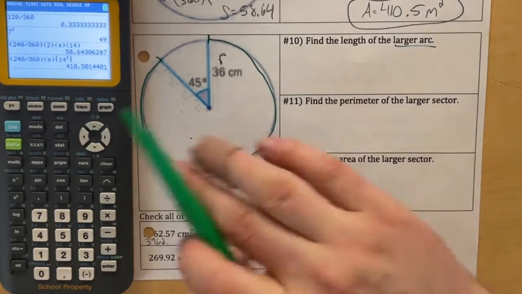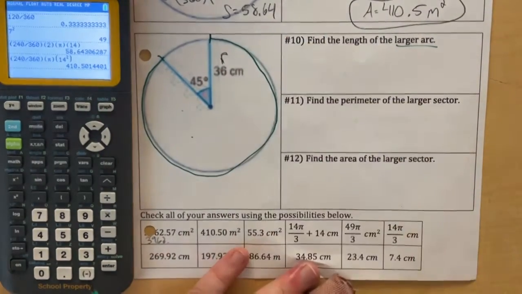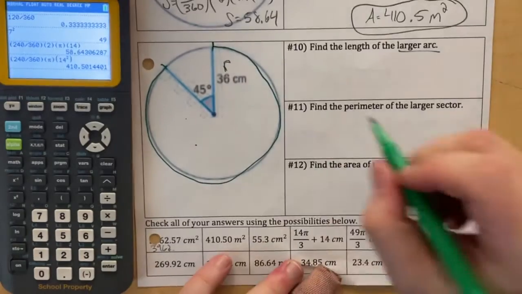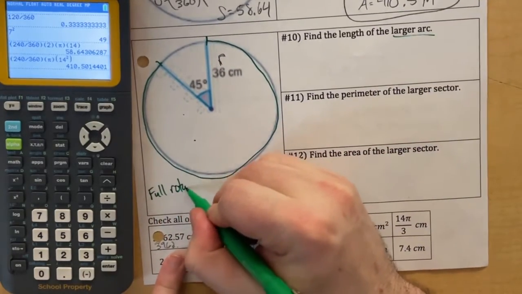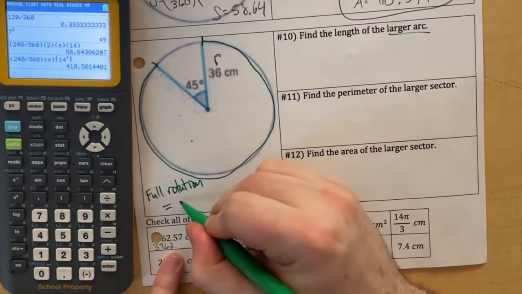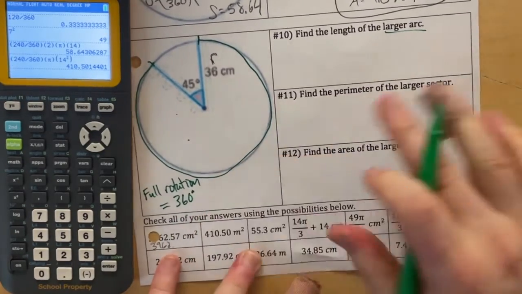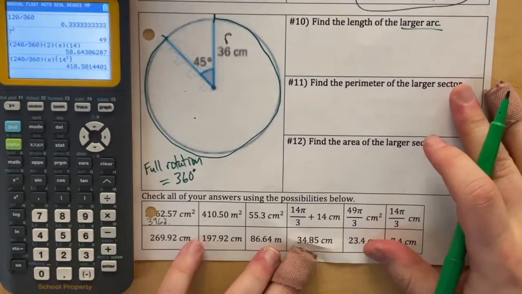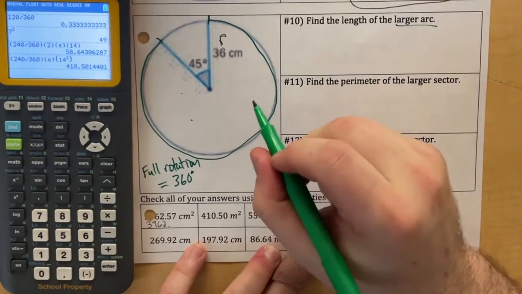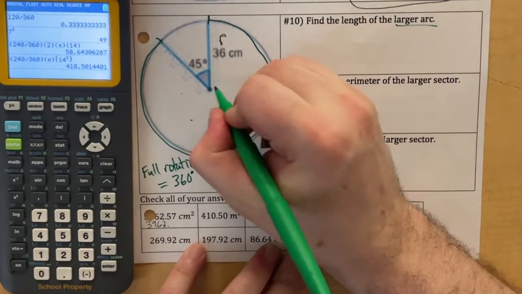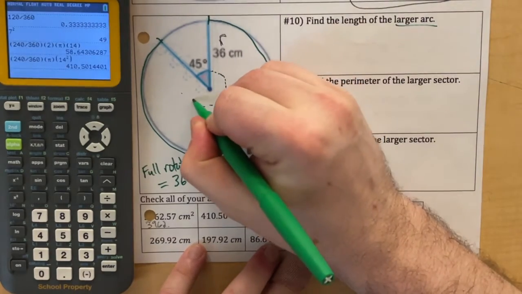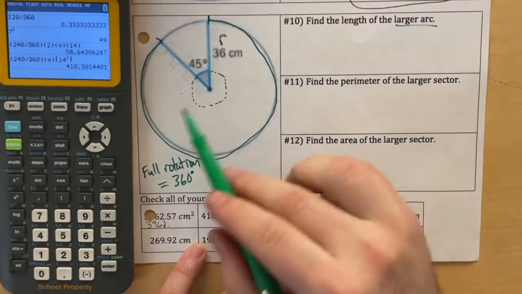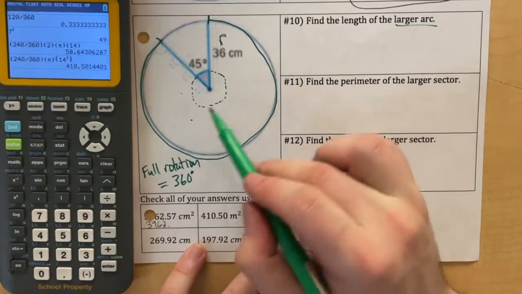Well, I know that a full rotation is 360 degrees, so let me write that. Full rotation is 360 degrees. I need to use that because I have the remaining angle. What's going to be that angle amount?